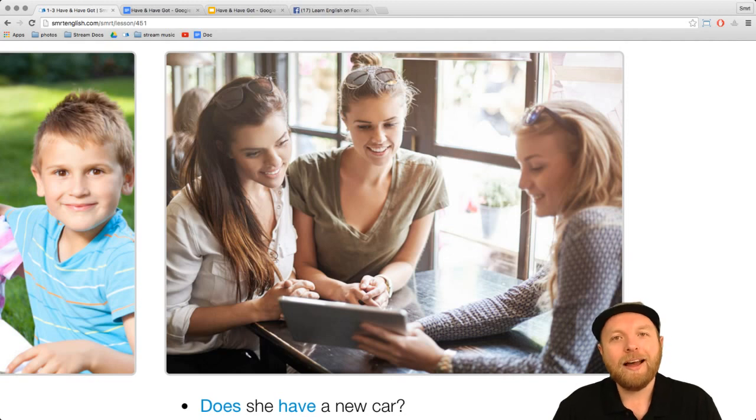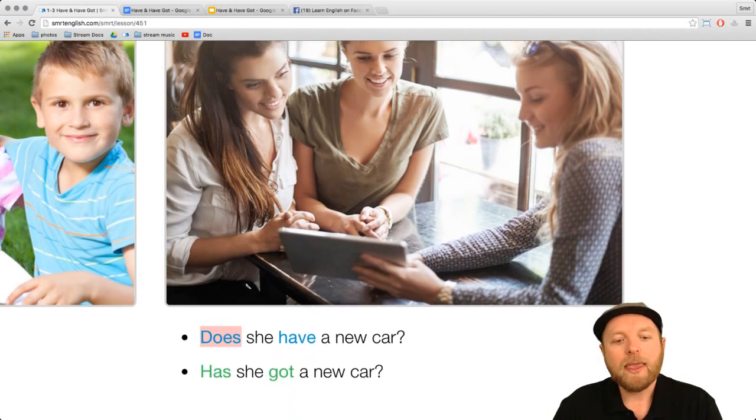Does she have? Now look here. Have is the main verb, right? So, present simple: does she? Do you? Does she have? Do you have? Yes, I do. Yes, she does. No, she doesn't. But have got is present perfect.